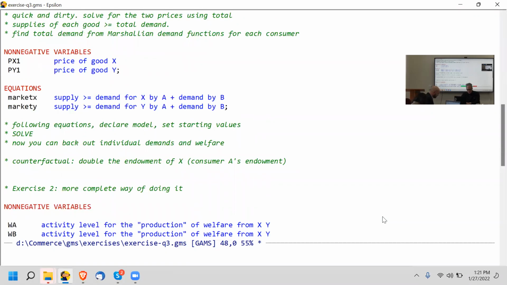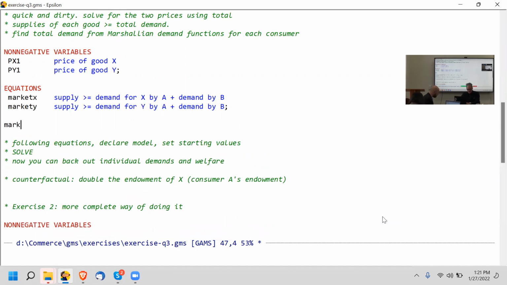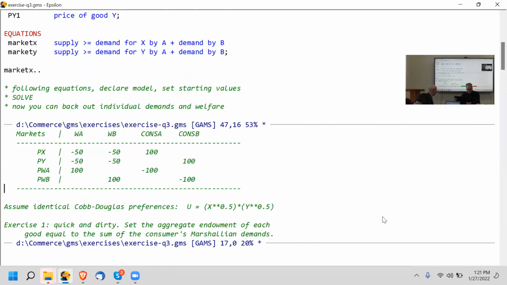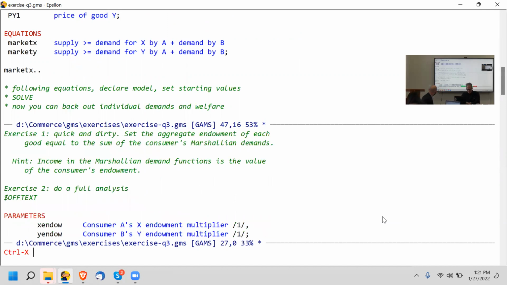We need the opening endowment of x. Here are the variables with starting values. For market x, I'm looking for the variable called x endow. That's greater than or equal to the demand for x.